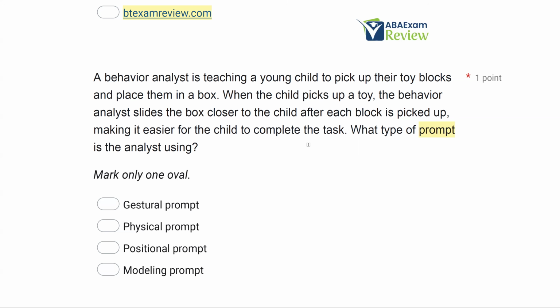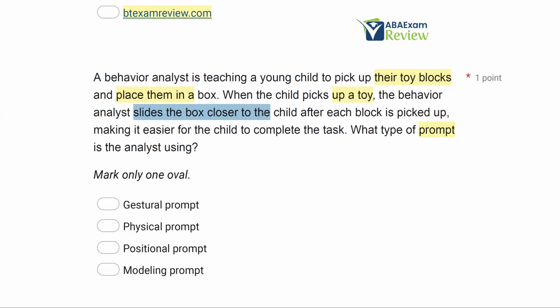Now, when you think about prompts, and this is a little bit more high level, we have what you call response prompts and stimulus prompts. Response prompts act directly on the response you want to see, whereas stimulus prompts are manipulating something in the environment. In this case, the analyst wants the young child to pick up their toy blocks and put them in a box. So when the child does pick up the toy, what does the behavior analyst do?